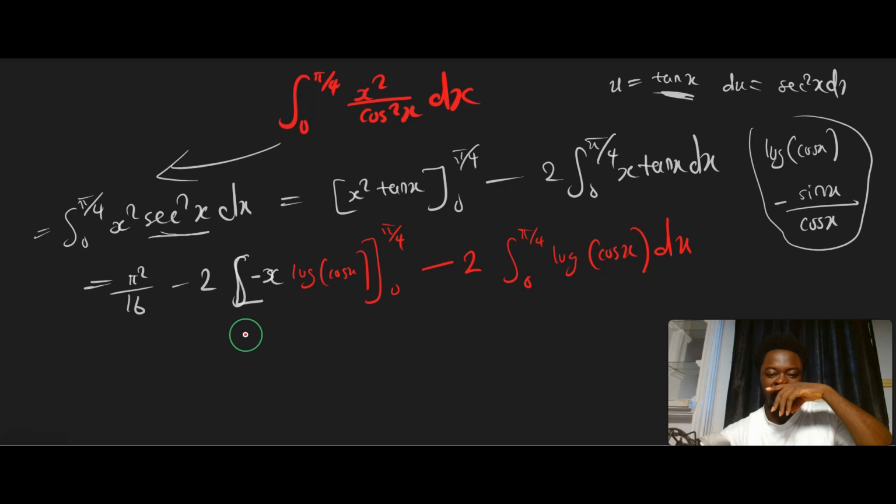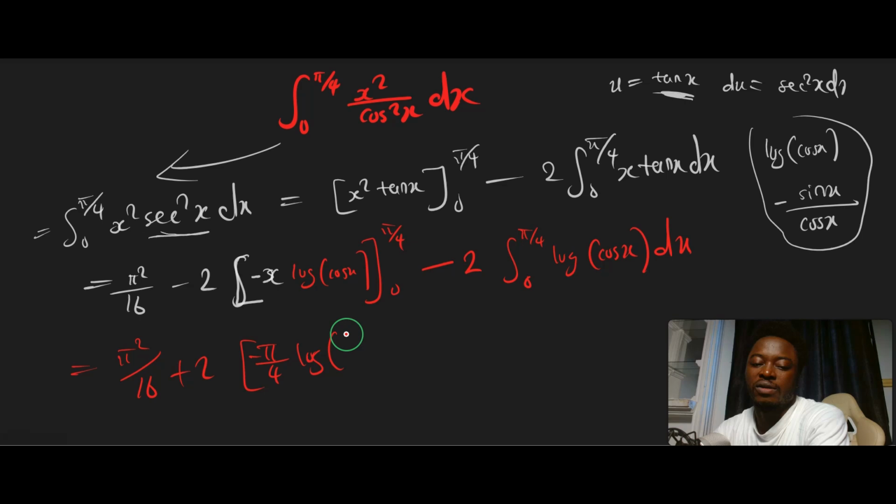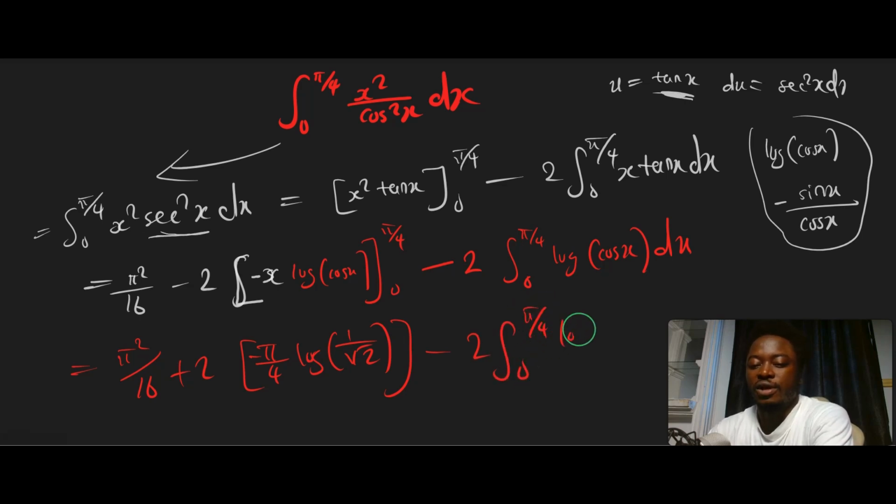Okay, now observe something here though: if you plug in x equals pi over 4, you don't get log of 1, because cosine of pi over 4 is not 1, it is square root of 2 over 2. So you have a pi squared over 16 minus twice, so you have a negative, okay, this is going to be a plus, so you have a pi over 4 times the logarithm of 1 over square root 2, and then you have minus twice the integral from 0 to pi over 4 of the logarithm of cosine of x.